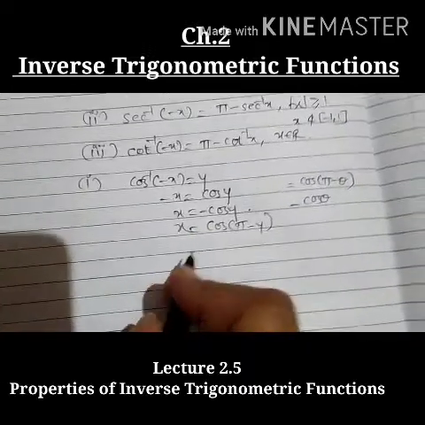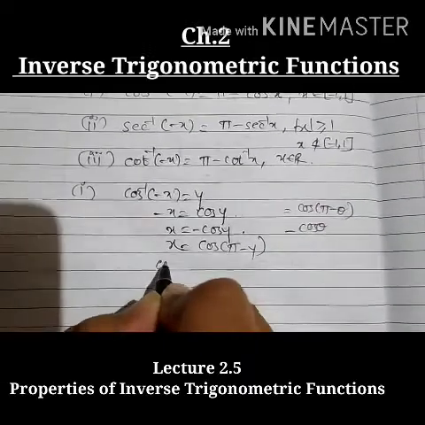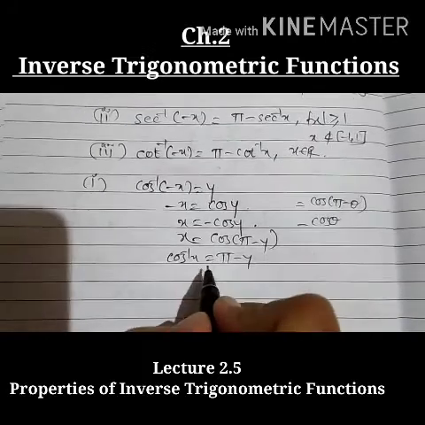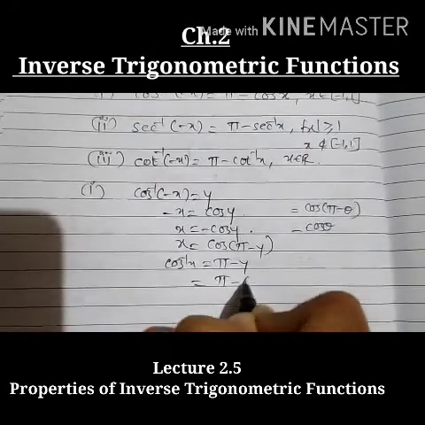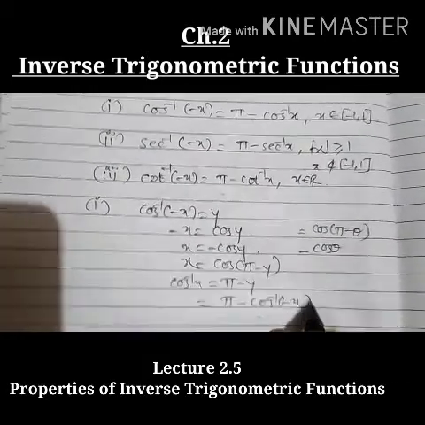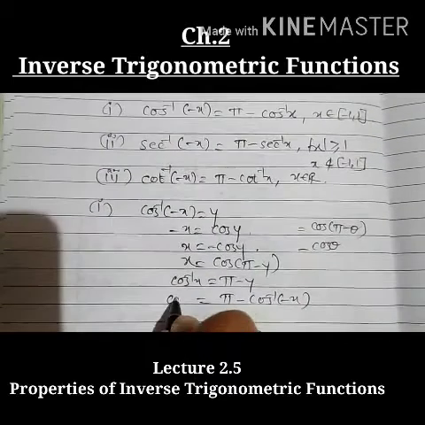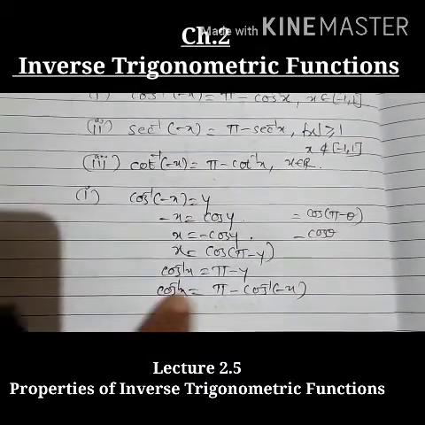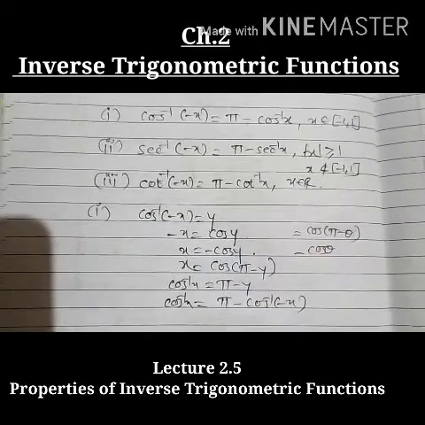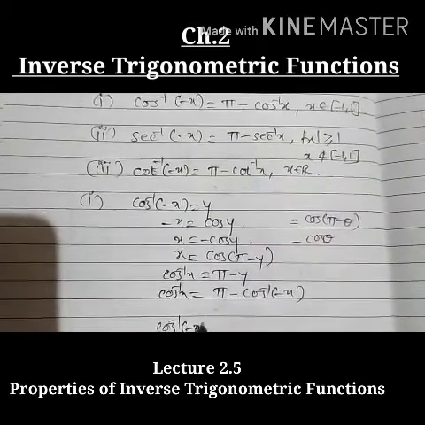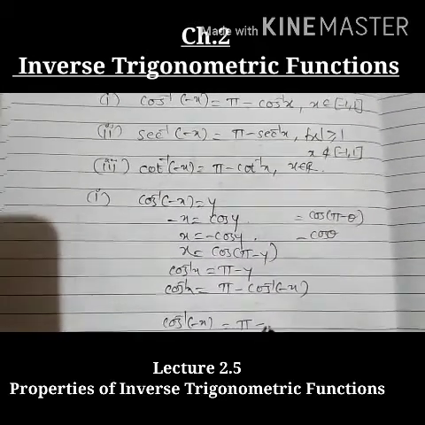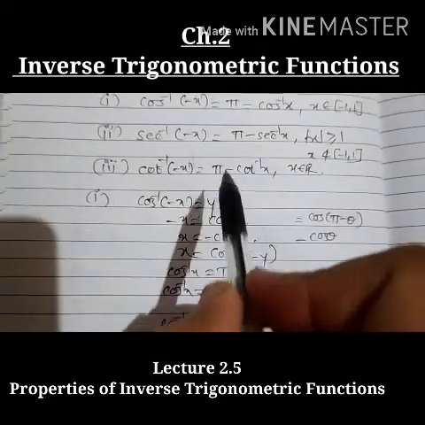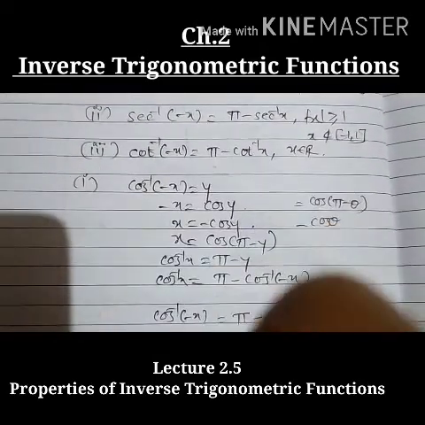So cos inverse of x will be pi minus y. And what is y? Cos inverse of minus x. Can we replace now this and this? So what we are getting? Cos inverse of minus x is pi minus cos inverse of x. Understood? The remaining two also we can prove in the same way.